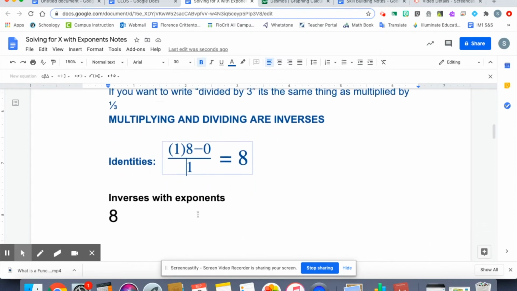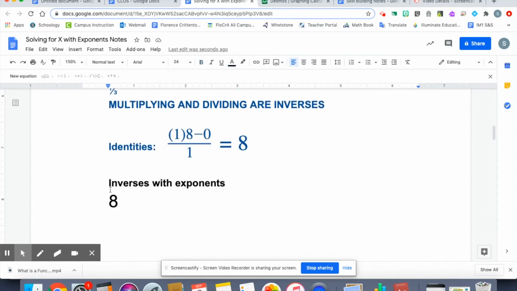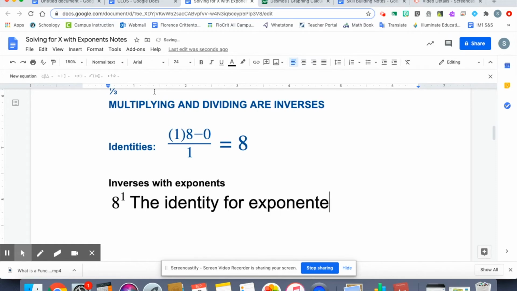So then, taking the same concept with exponents. What exponent is currently on this 8 if there's not one there? What's the invisible exponent? The invisible exponent is always 1, because that means we have 8 being multiplied just once, and that's just 8, which means the identity for exponents is 1, because if there's an exponent of 1, it does not change the number.